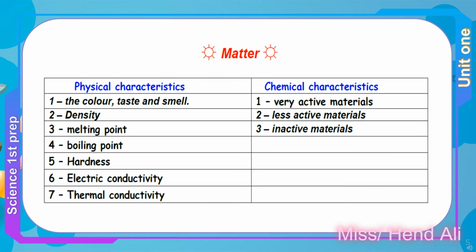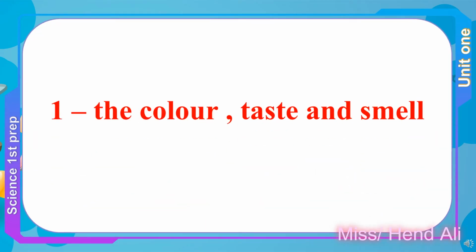Physical characteristics like color, taste, and smell, density, melting point, boiling point, hardness, electric conductivity, and thermal conductivity. And we will talk about each one separately. Chemical characteristics like very active materials, less active materials, and inactive materials. Okay, now let's start with color, taste, and smell.